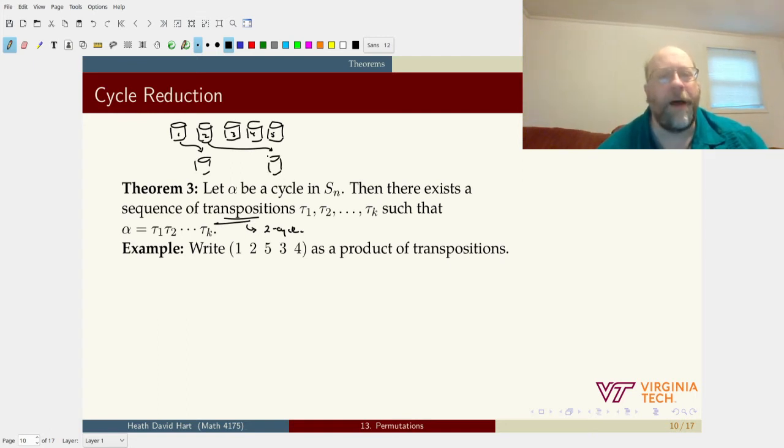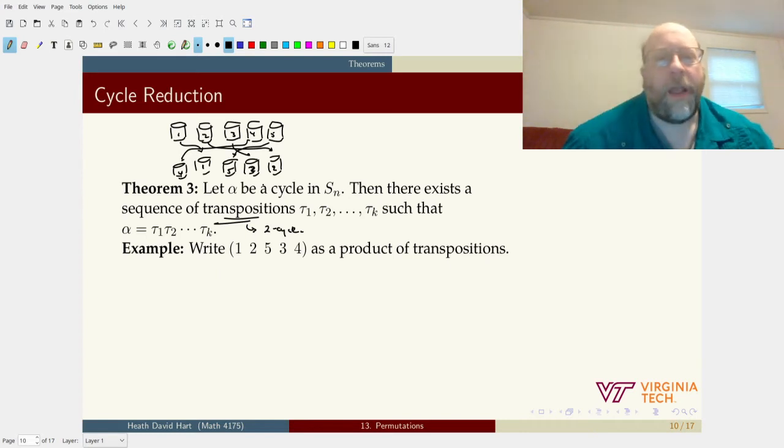And then number 5 is moving to position 3. And then number 3 is moving to position 4. And then finally 4 is moving back to position 1. Okay?